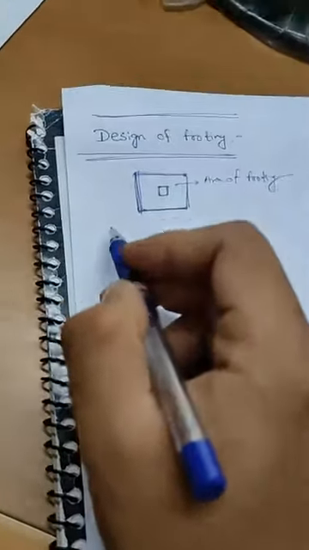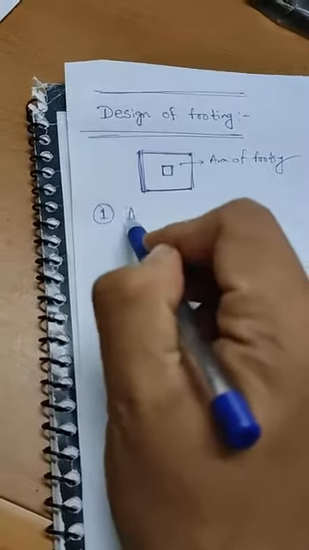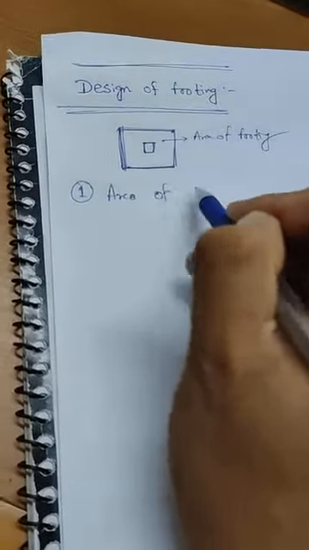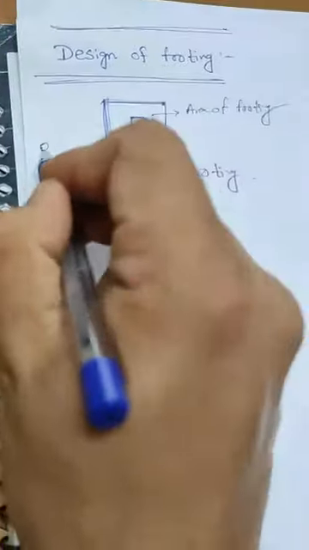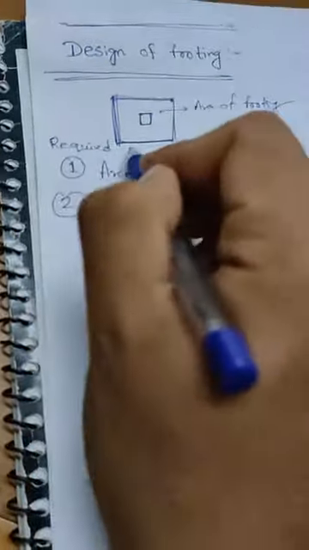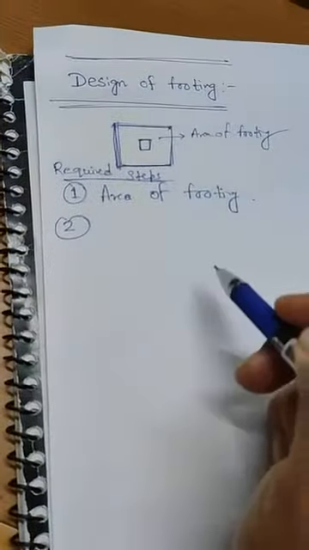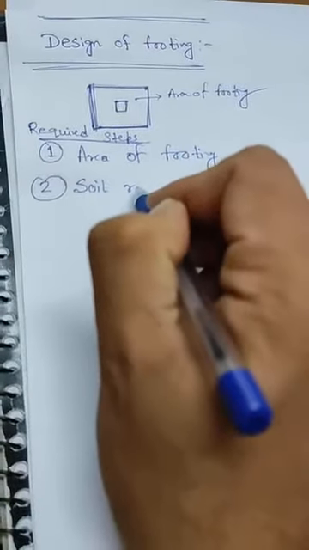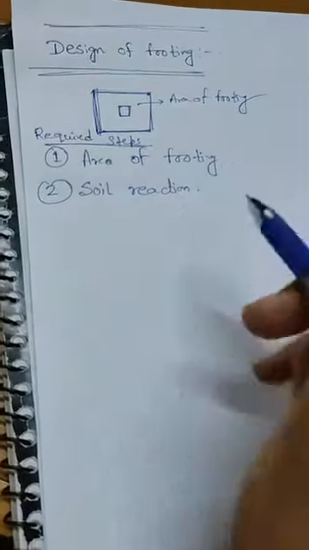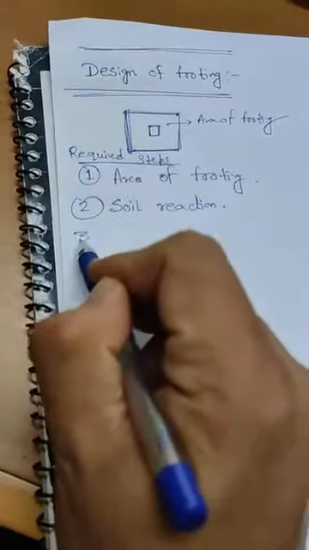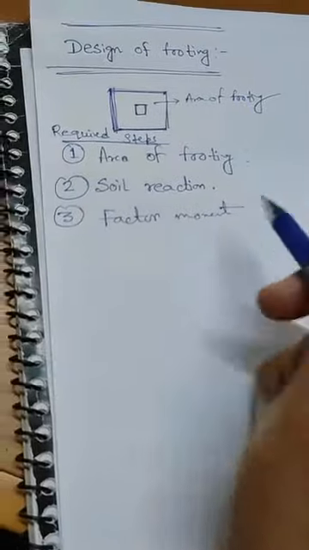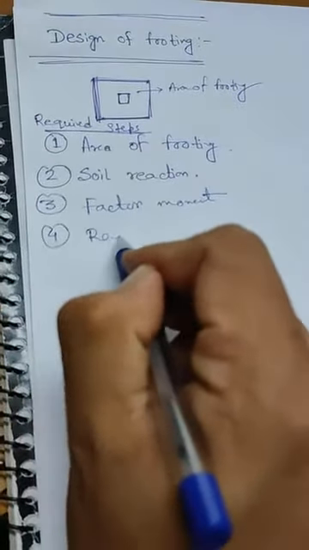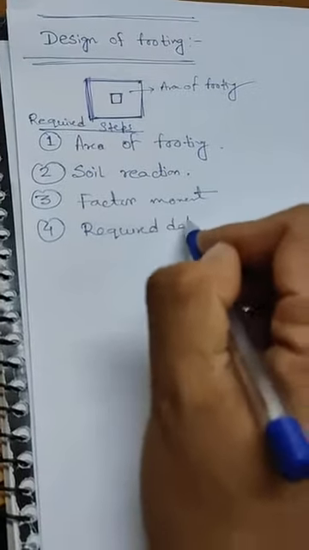So my design steps would be: number 1 is area of footing, number 2 is soil reaction, that is also called bearing capacity of the soil, number 3 is factored moment, and number 4 is required depth.